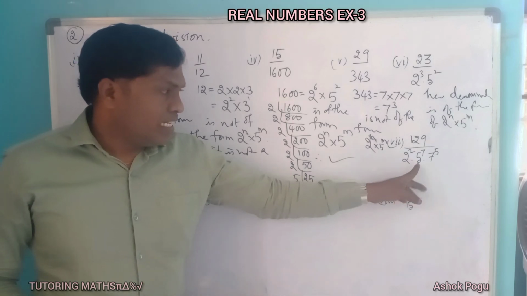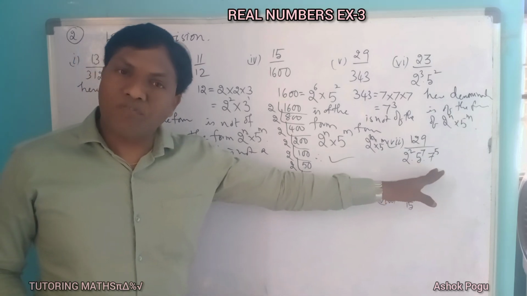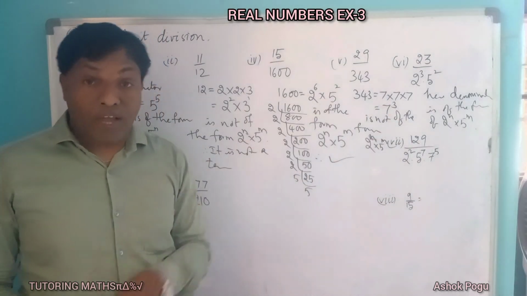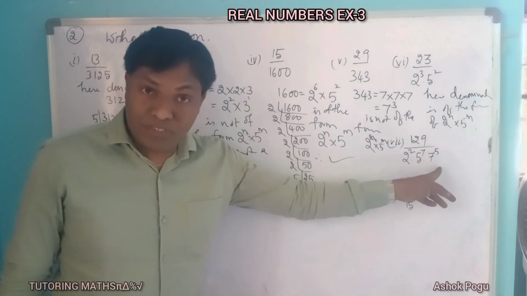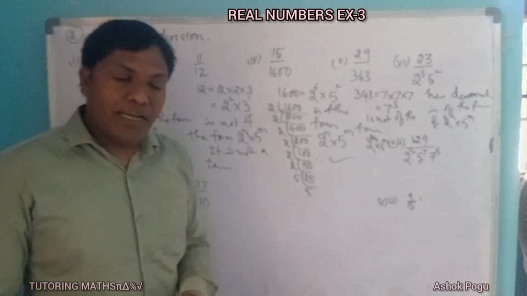So therefore, it is not of the form 2 power n into 5 power m. Since 7 comes, it is not terminating.